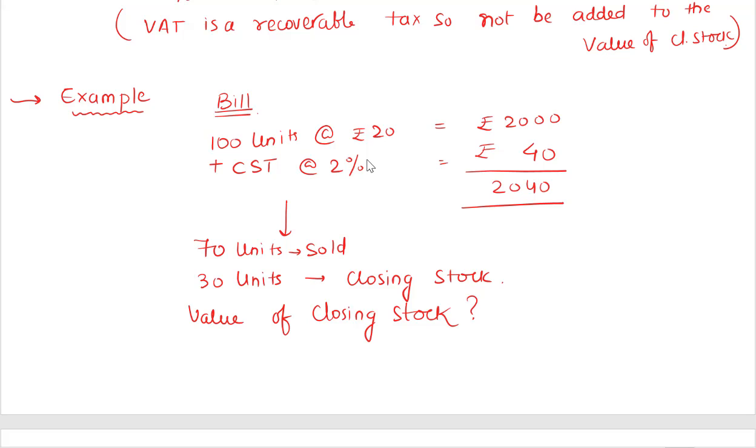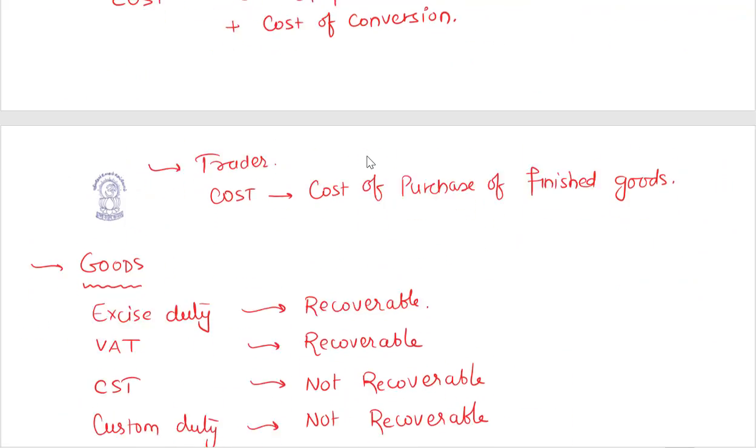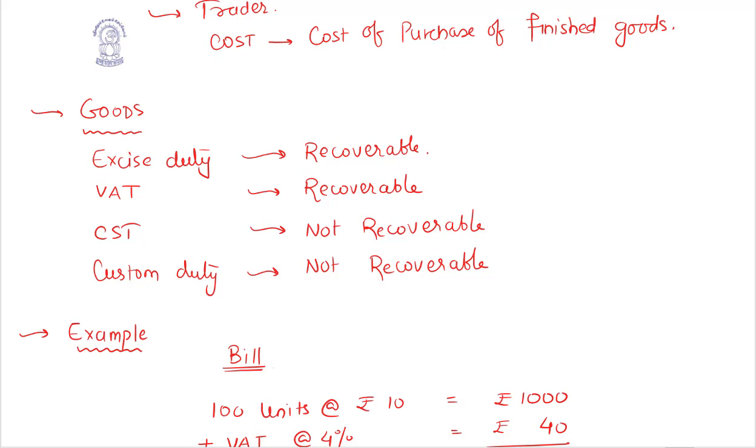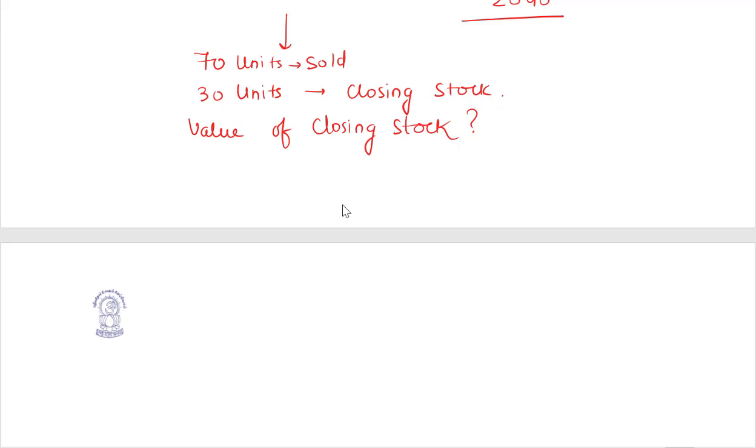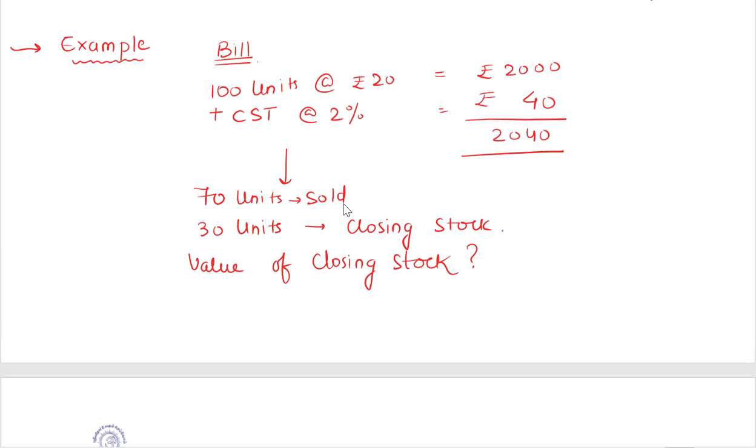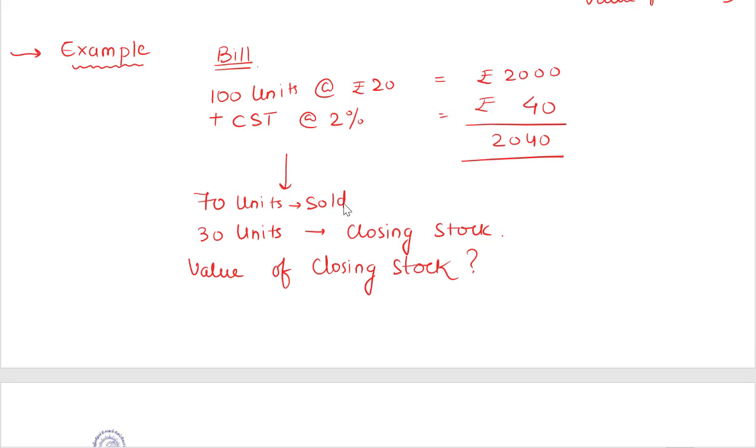We cannot recover CST. So those taxes which are not recoverable should form a part of valuation of closing stock. The value of 100 units is 2040. So the value of 30 units, the closing stock, is 30 multiplied by 2040 divided by 100.